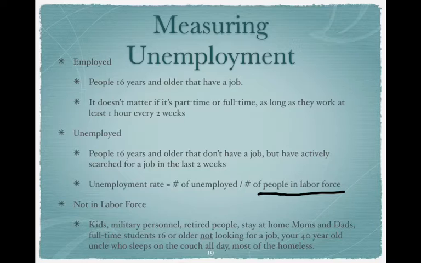Let's say we've got 6 million unemployed people and there's 180 million people in the population. Don't do 6 divided by 180. Let's say our labor force is 100, we would do 6 over 100, and that way we could come up with 6%. Because if I take 6 divided by 100, I'll get 0.06, and when I multiply that by 100 to make a percentage, I'll end up with 6%.